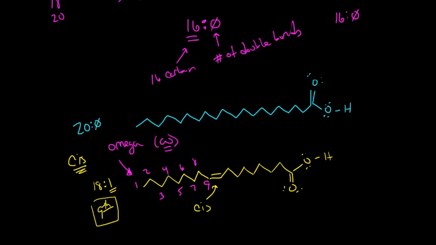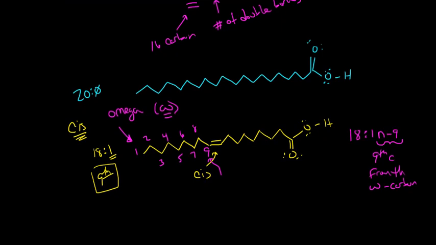To name this fatty acid, it would be 18:1, which tells us we have one double bond on an 18 carbon chain, and we put n-9. This tells us that it starts on the 9th carbon from the omega carbon. This is how we would name this according to our more biological guidelines. This fatty acid would be 18:1 n-9.